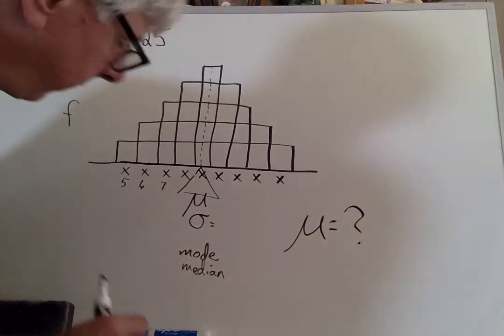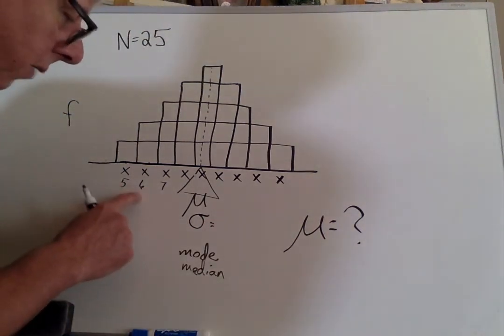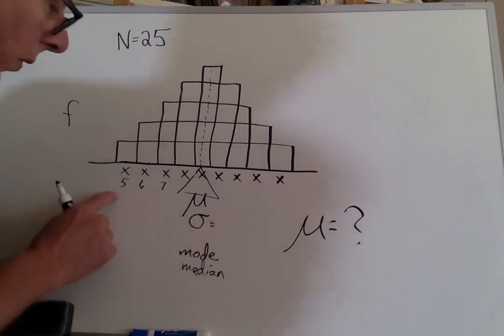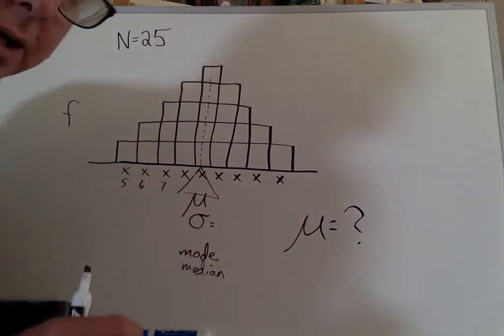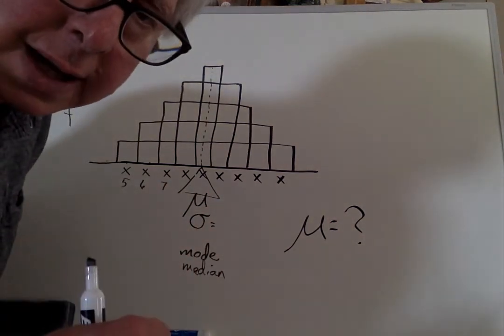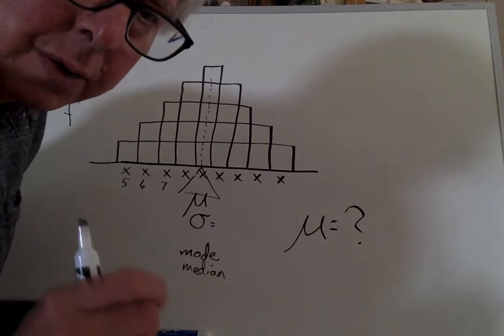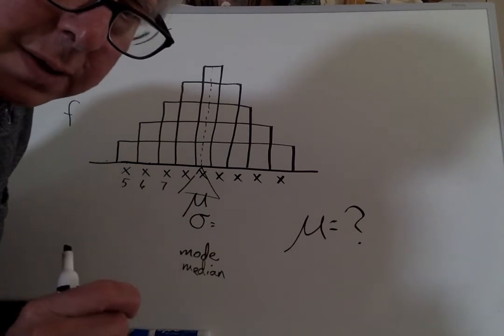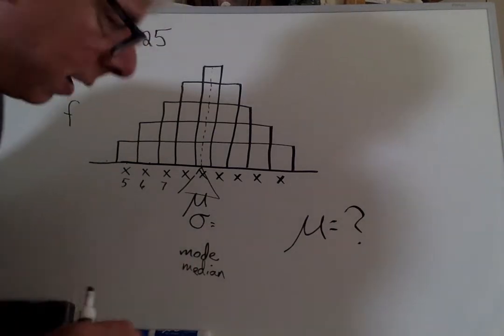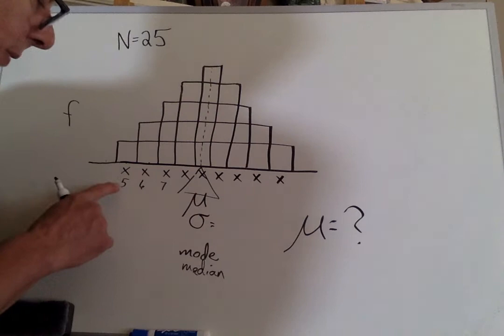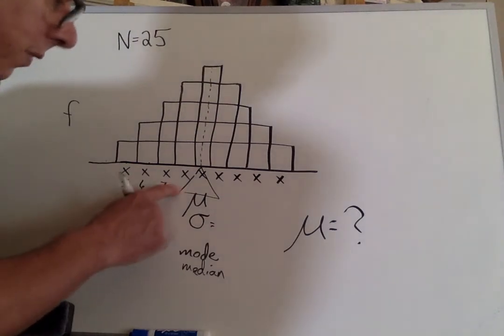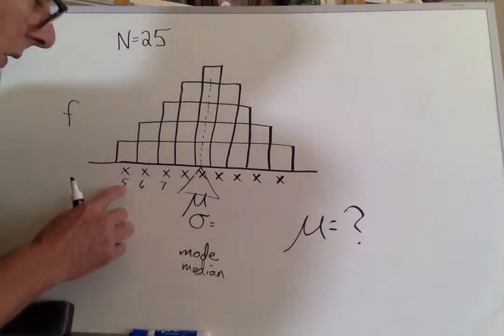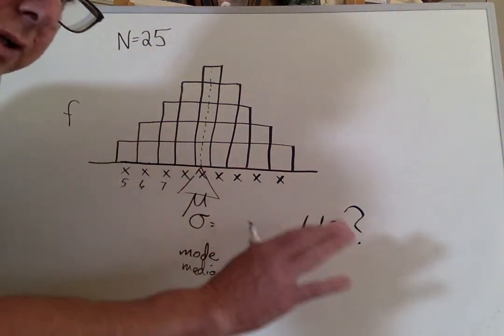Guess what? If I put 100, 101, 102, or 5, 6, 7, 8, you would get the same answer for the standard deviation. If you don't trust me, if you don't believe me, try it out. Put 100, 101, 102, 103, calculate it, or put 5, 6, 7, 8, 9, calculate it.